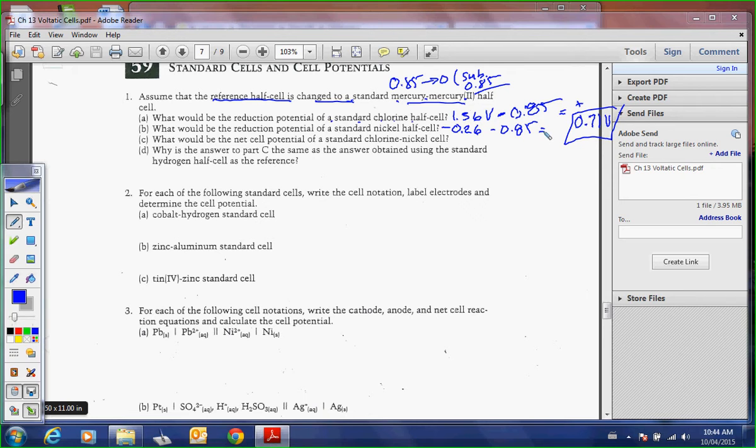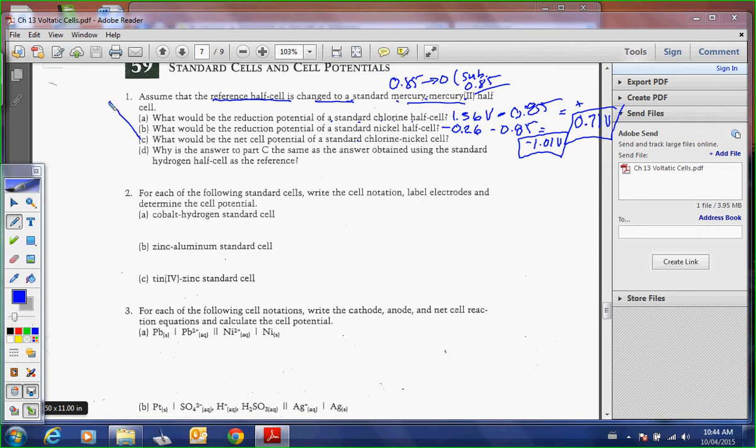What would the net cell potential be on a chlorine nickel half cell? Or what did you get for an answer for B? Negative 1.01. Okay. What would the cell potential on a standard nickel chlorine half cell be?